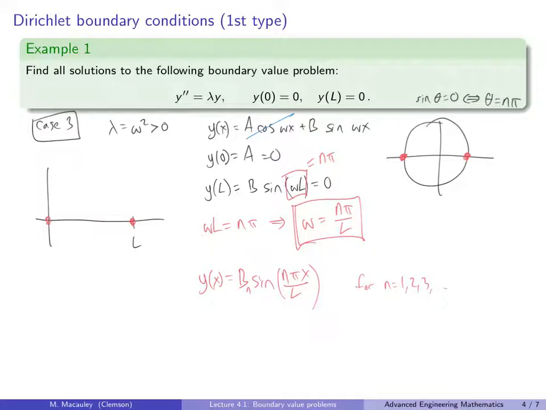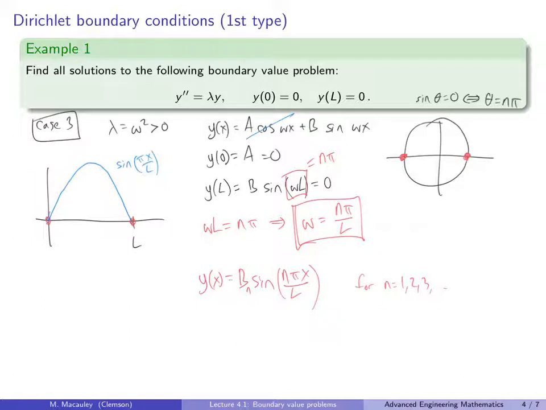So clearly one of these solutions is just a sine. So this here is sine of pi x over L. And b can be anything. So any scalar of this, we can scale this as high as we want to or as low as we want to, will work. But there are other solutions now.